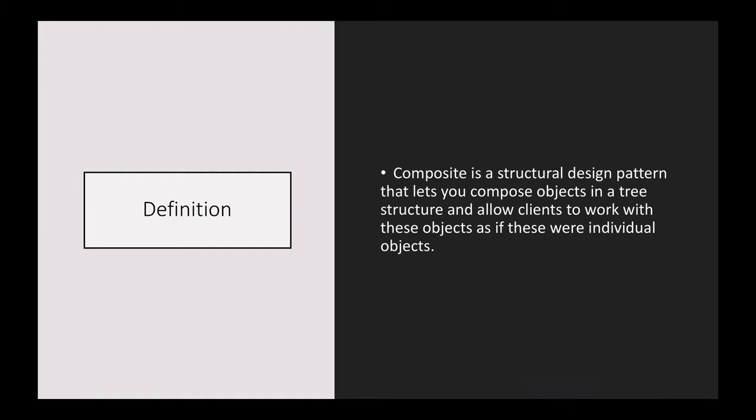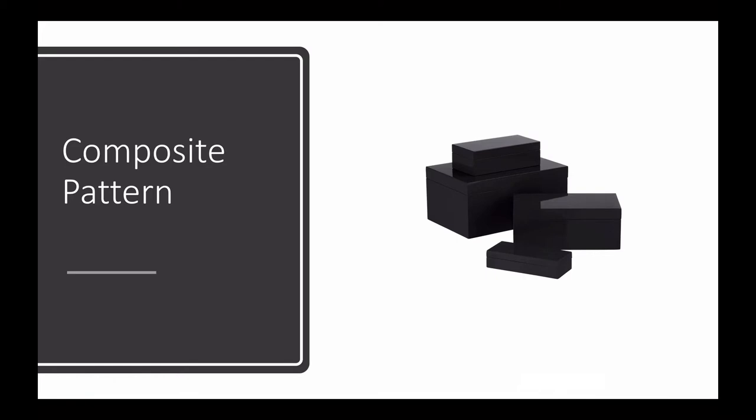Well, it's a little tricky to imagine the composition of objects as trees and allowing the client to work with all these objects as if they were individual objects. So let me just describe a similar example. As you can see in the first image, we are displaying some black boxes along with the heading of the video.